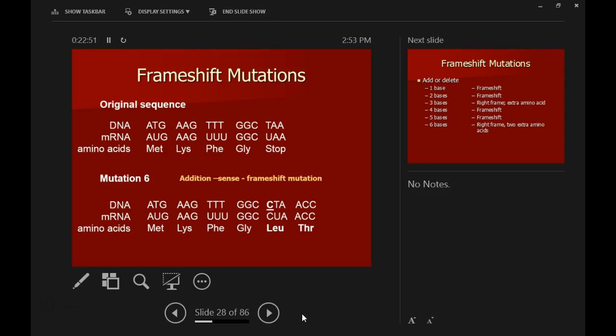You still have the stop next. If you remove an entire codon, it's not going to change the reading frame. Everything's going to stay the same downstream. Let's say that we added an AAA right here. That's not going to change anything downstream. So you can have additions and you can have deletions without a frame shift.